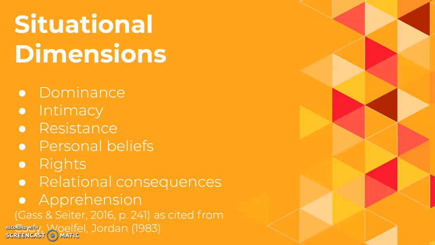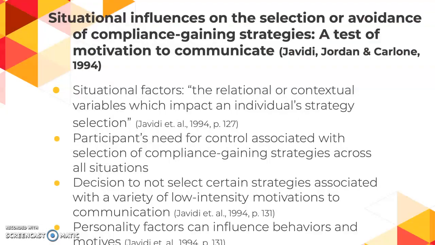Personal beliefs, the extent to which the self or the other is benefited by compliance. Rights, the extent to which a persuader thinks a request is warranted. Relational consequences, the degree to which a strategy will have long-term or short-term effects on the persuader's relationship with the persuadee. And finally, apprehension, the degree to which a persuader perceives nervousness about the situation.